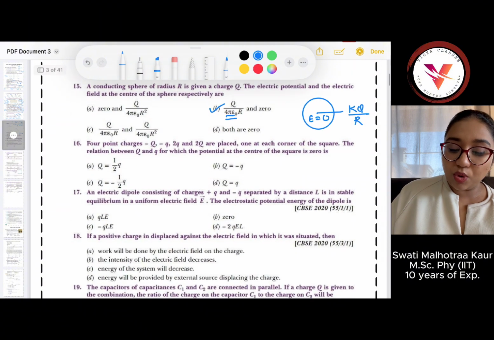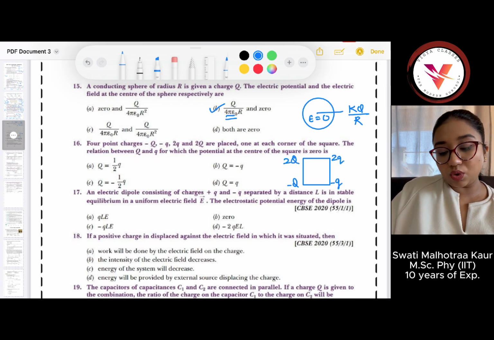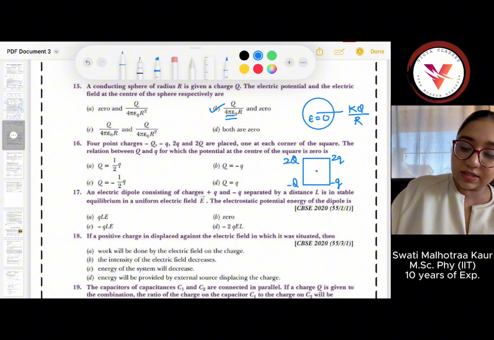Now, 4 point charges are placed one at each corner of the square. Minus q, minus small q, 2q, and the relation between q and small q, for which the potential at the center is 0. If V here is 0, let's take this distance to be A, which is the same for all because it is a square, symmetrical.